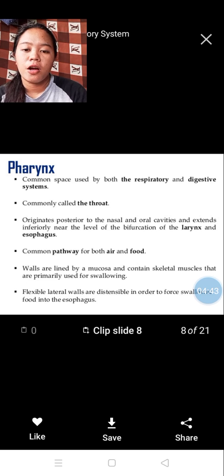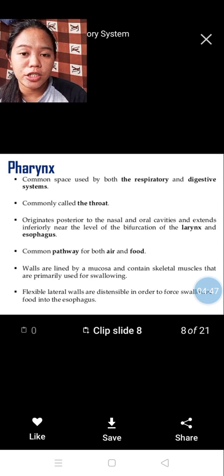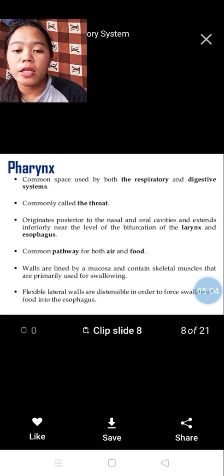So, the pharynx. The pharynx is a common space used by both the respiratory and digestive systems. And also, it is commonly called our throat. It originates posterior to the nasal and oral cavities and extends inferiorly near the level of the bifurcation of the larynx and esophagus. So it is a common pathway for both air and the food that we intake.